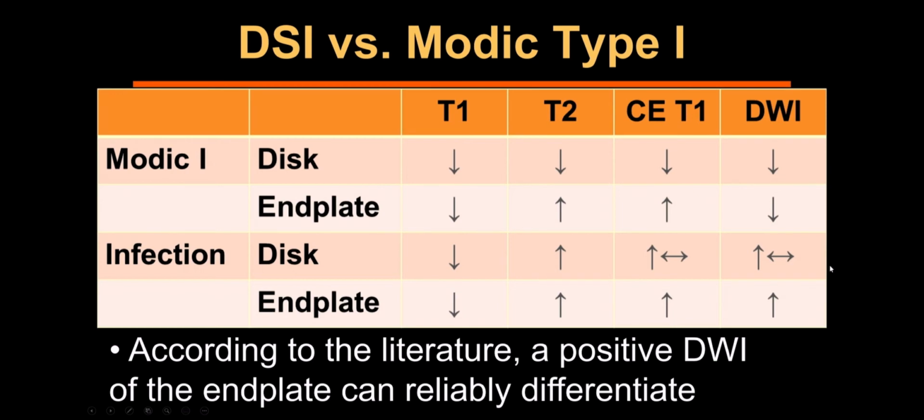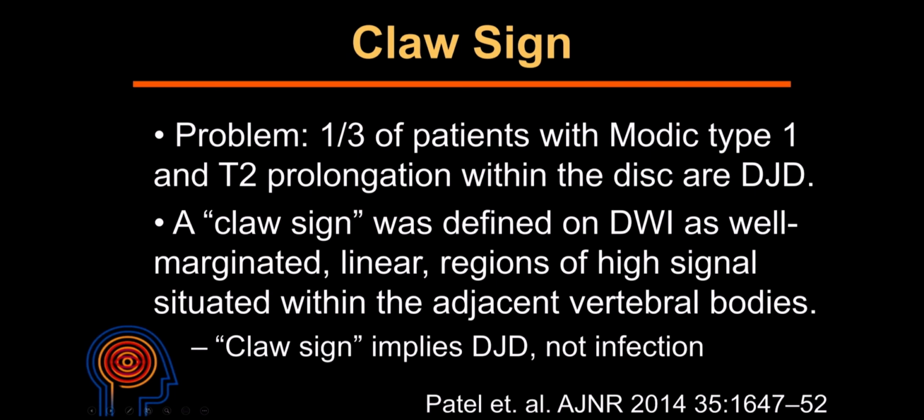So can we refine this a little bit more? A few years after, one of my former fellows actually published this paper. And he stated that a third of the patients with Modic Type I changes and T2 prolongation within the disc are really degenerative disease rather than infection. And that's the conundrum we'd been dealing with.